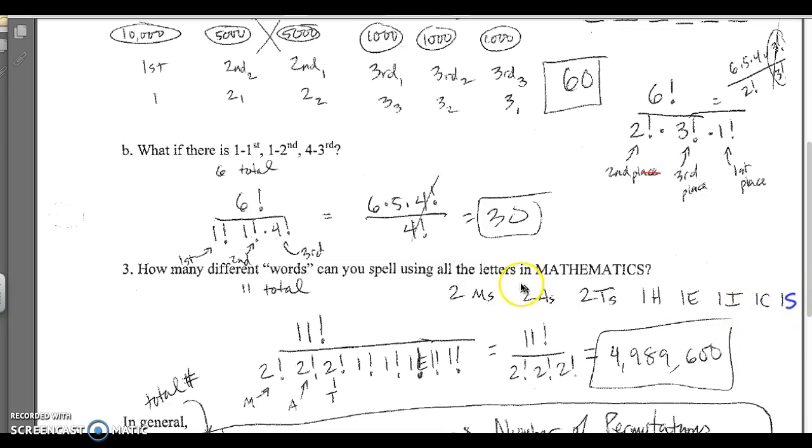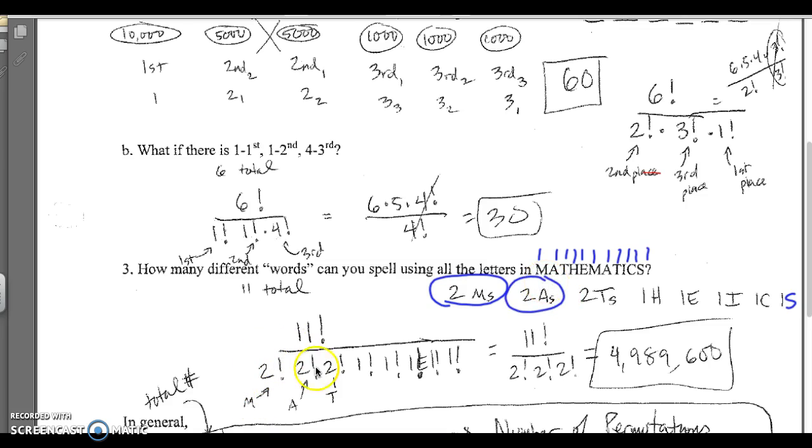Okay? So basically you find the total number of ways, and in this case we have 1, 2, 3, 4, 5, 6, 7, 8, 9, 10, 11 letters. So we have 11 factorial for our total number of words, divided by, and then we want to take out all of our repeats. The repeats being, we have 2 M's, so divided by 2 factorial.